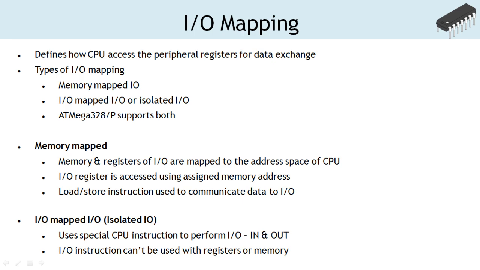The I/O registers are mapped using both the mapping mechanisms, whereas the extended I/O registers are mapped using memory mapped I/O. With this, we have come to the end of this lesson.